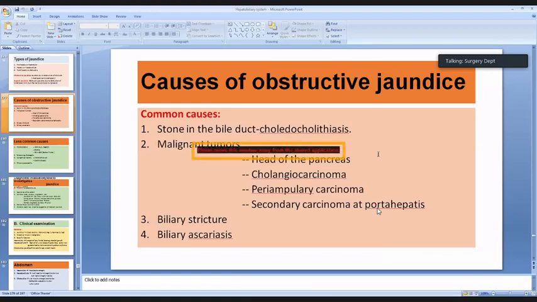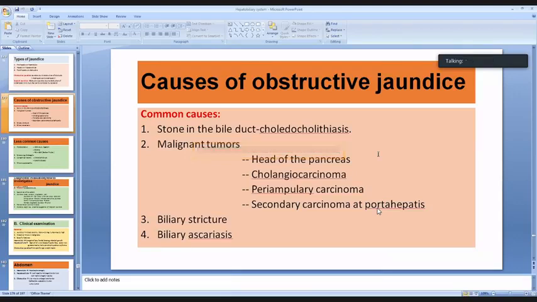So malignant tumor in the form of carcinoma of the head of the pancreas, because you know the common bile duct has 4 parts: supraduodenal part, infraduodenal part, retroduodenal part, and intraduodenal part.